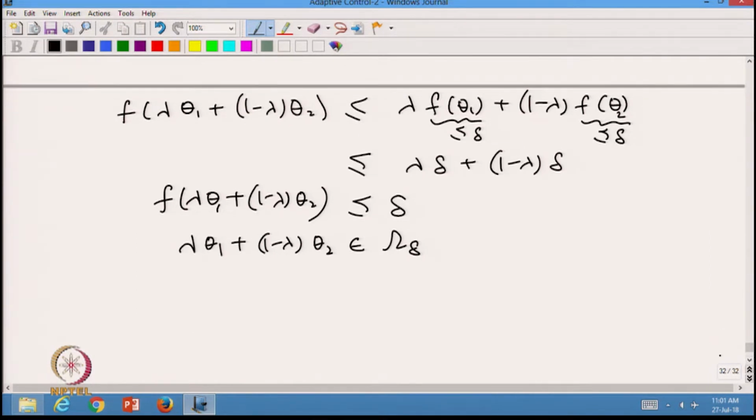Now, since theta 1 and theta 2 belong to this set omega delta, and the line joining these 2 points, all the points on that also belong to this set omega delta, we conclude that omega delta is a convex set.